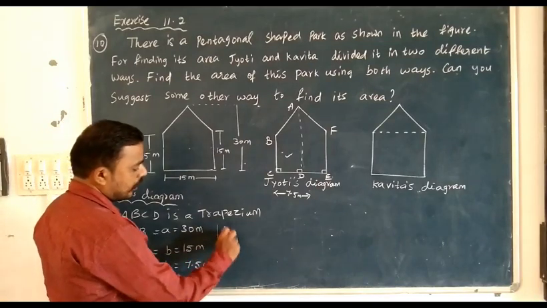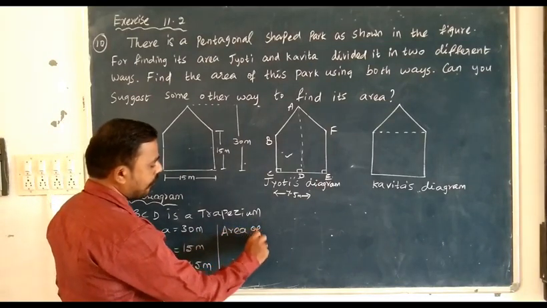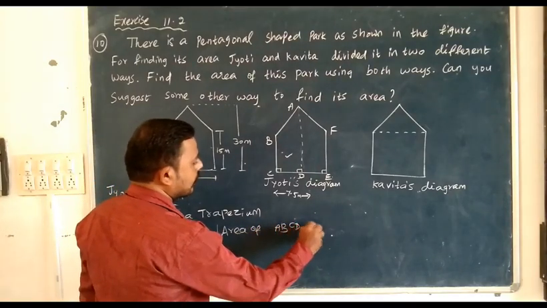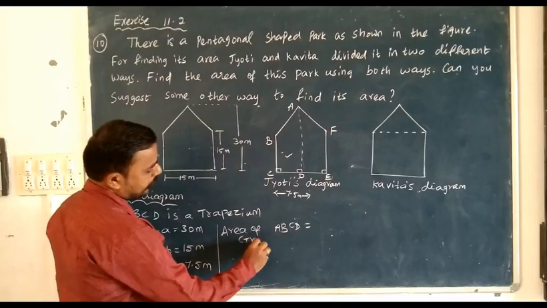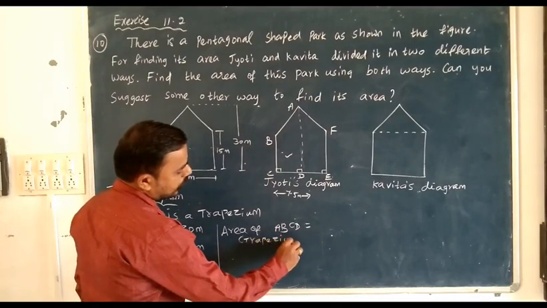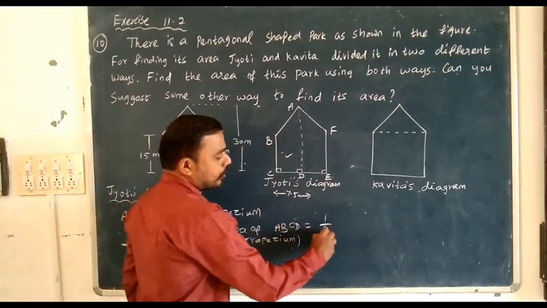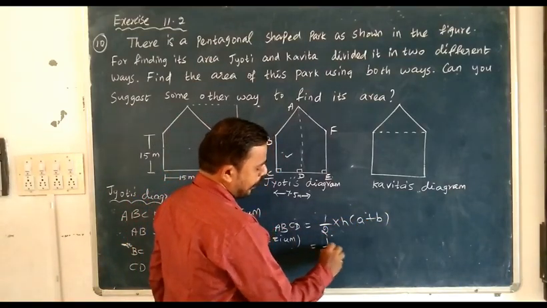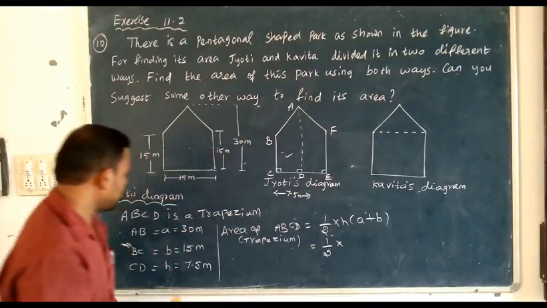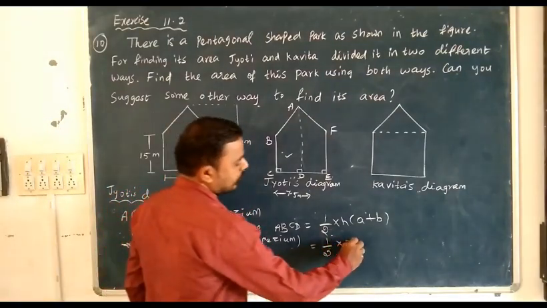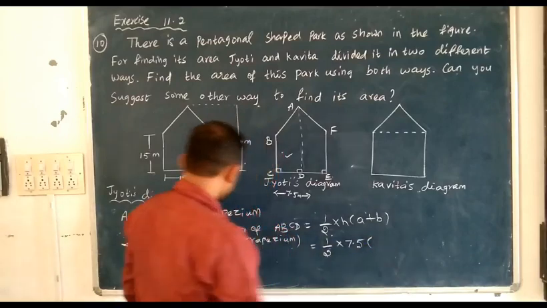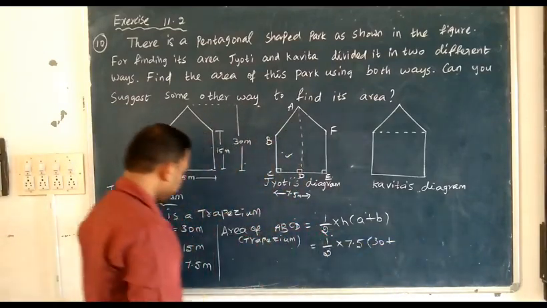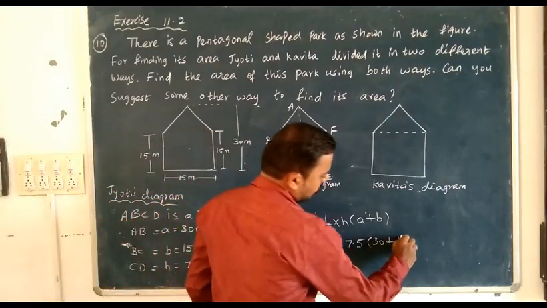So area of ABCD, that is trapezium, 1/2 H into A plus B. So 1/2 into H value 7.5 and the A value 30 plus B value 15.